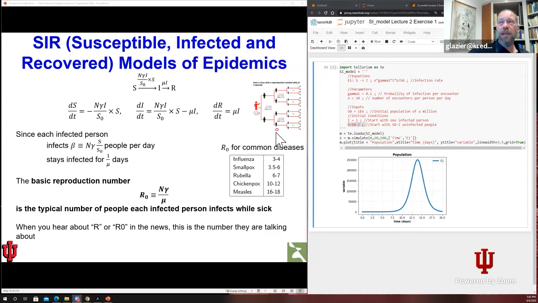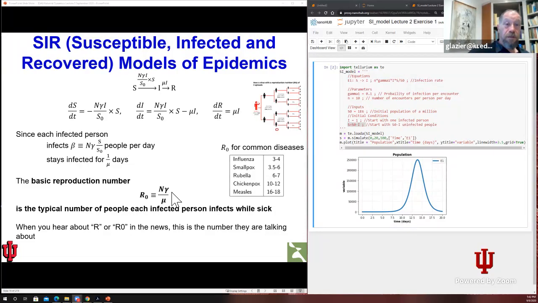Beta is the number of people that an infected person infects per day, which is n gamma S over S naught. Each infected person stays infected for 1 over mu days. And the basic reproductive number, R naught, is n gamma.